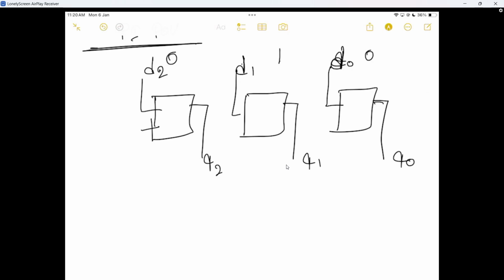If we give the clock to every flip-flop at the same time, what happens?